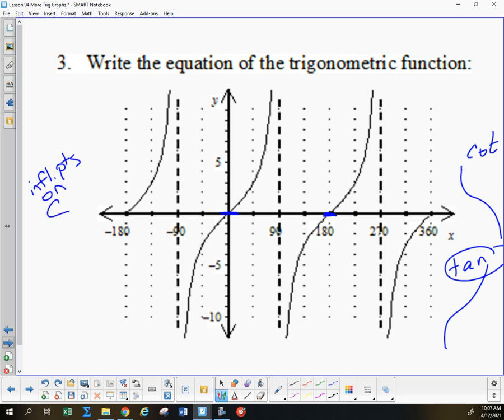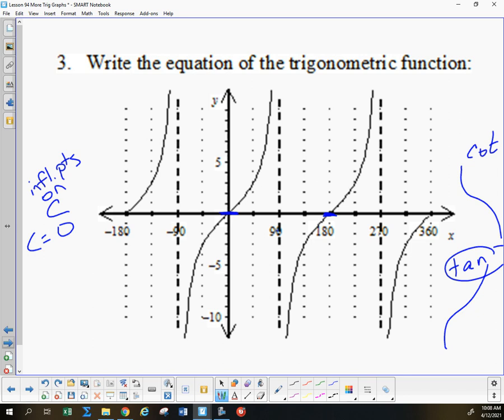That is my center line. So for this one, my center line is 0. Is my period still the normal period for tangent? Is it still 180 degrees? So from -90 to +90. Okay, so my period's still 180 degrees, so I don't have to worry about any changes with that.